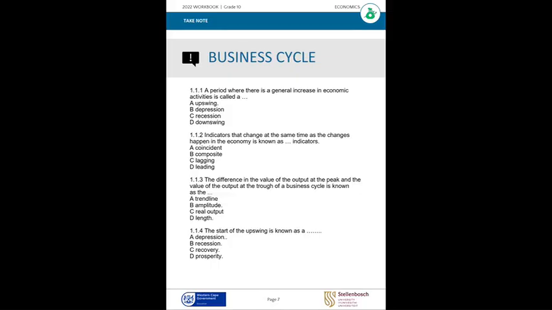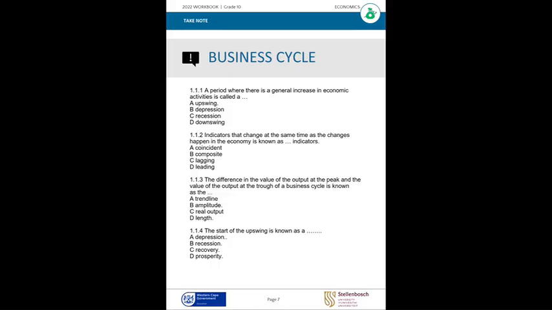They are not possible answers here because those two phases refer to a downswing. So I'm left with recovery and prosperity. Now remember, we want to know the start of the upswing. So when it is starting to pick up, right? So your answer there would be the recovery, right? The start of the upswing is known as a recovery because you're recovering from something, right? So it's starting at that point. So the answer there would be C.